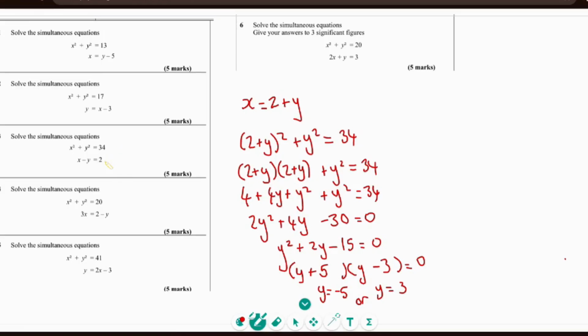Let's substitute it back into this equation here. X is 2 plus y, and y is minus 5. 2 plus minus 5 is negative 3. And then when y is 3, x is just 5.